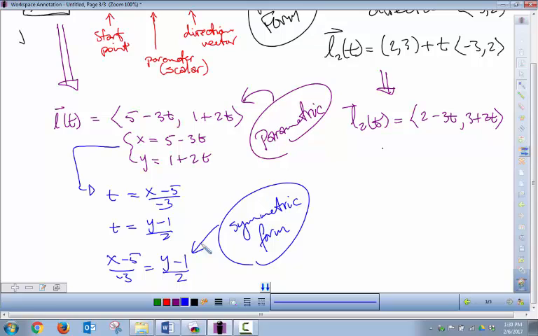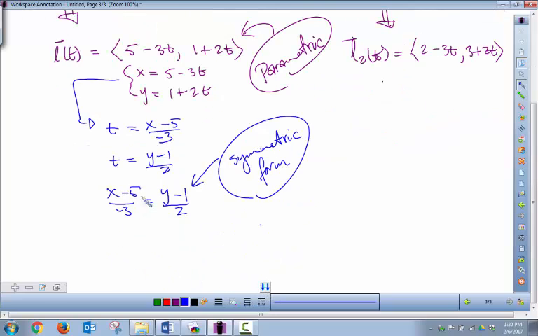This has an x and a y. So you should be able to make that into y equals mx plus b, right? Shall we? Get y by itself, equals something x plus b.